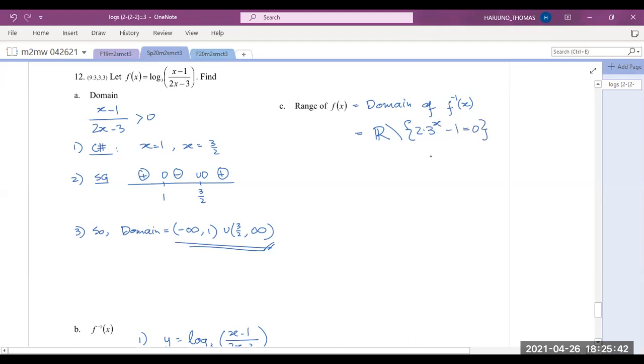Now let's solve that one. 3 to the x cannot be equal to 1/2. So x cannot be log base 3 of 1/2. That's x cannot be negative log base 3 of 2, because this is 2 to the power of negative 1.